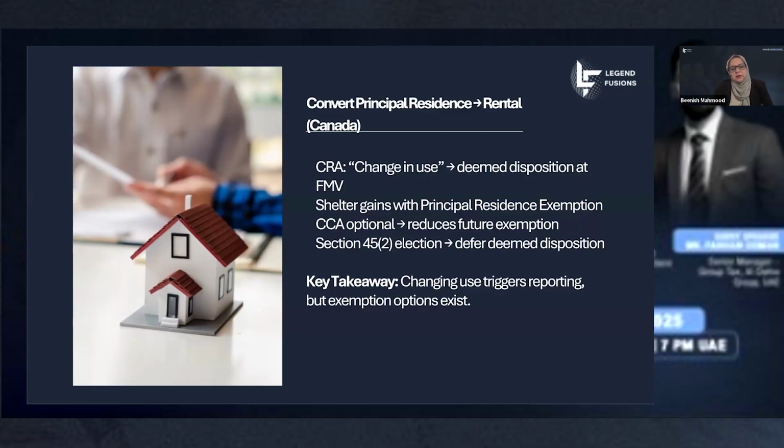That's why people come to us for advice, and we mostly advise them not to claim CCA. Eventually, when you sell the property, your capital gain will be the difference between the property's market value at the time of conversion to a rental property and the final sale price. Generally, 50% of that gain will be taxable.